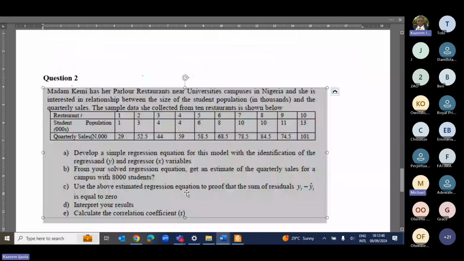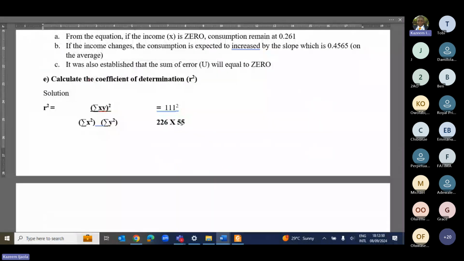So you come here, 226 times 55. So what's the answer? This is our r square. What's our r square? 111 raised to power 2, divided by 226 times 55. 0.99 is my r square.